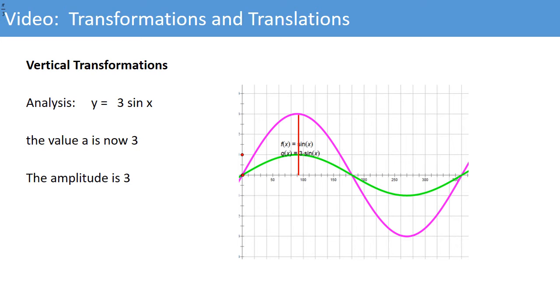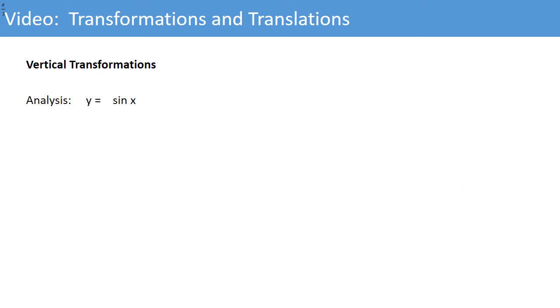And of course, if the amplitude goes up to change the maximum point, the amplitude is also going to go down to change the minimum point. This represents a vertical transformation by a factor of 3. Now, let's take a look at y is 1/3 sine x.